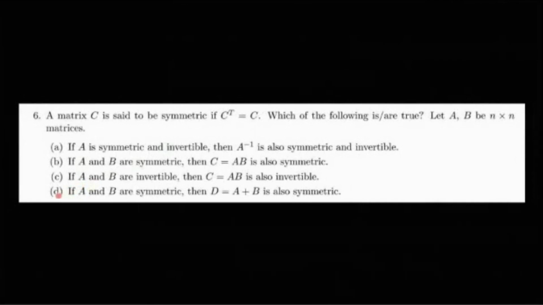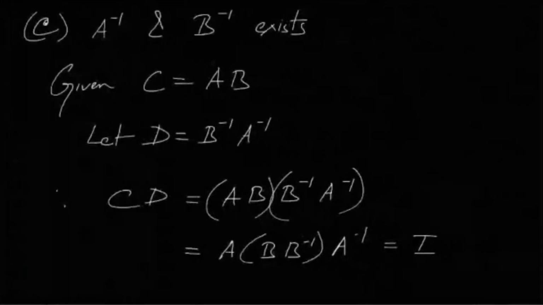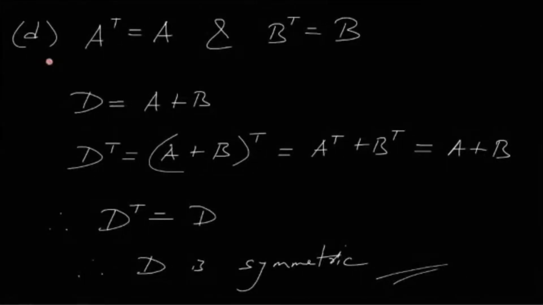Now, lastly, option D. If A and B are symmetric, then D equals A plus B is also symmetric. Let us check that. A transpose is equal to A and B transpose is equal to B. So D equals A plus B. D transpose is A plus B whole transpose, which is A transpose plus B transpose, which is equal to A plus B, because A transpose and B transpose are respectively A and B. So A plus B is equal to D. Therefore, D transpose is equal to D. Therefore, D is symmetric.